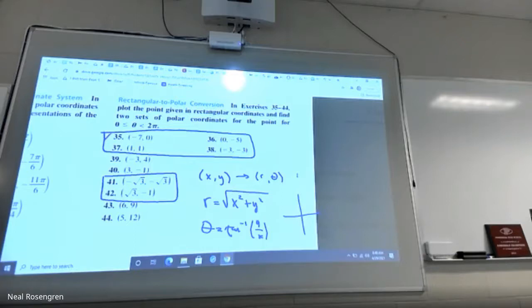You don't have to rationalize. Yeah, negative 30 degrees. So that's good. It's positive x, negative y, so I'm in the 4th quadrant. So 330 degrees, or 11 pi over 6. Yeah. So I like those six as good practice.